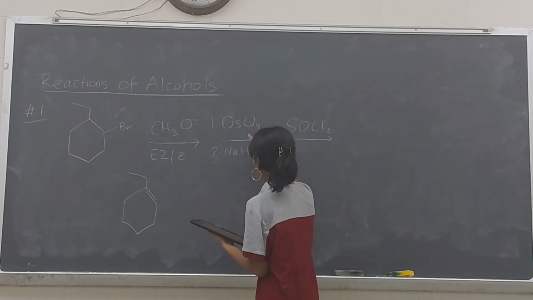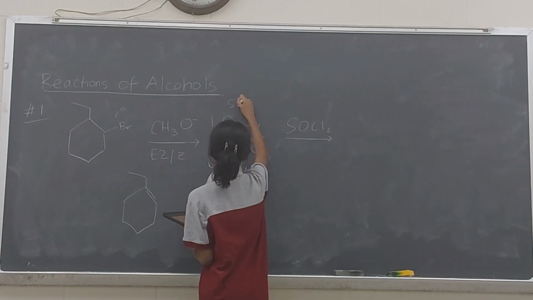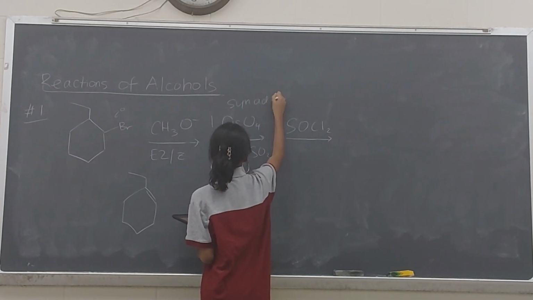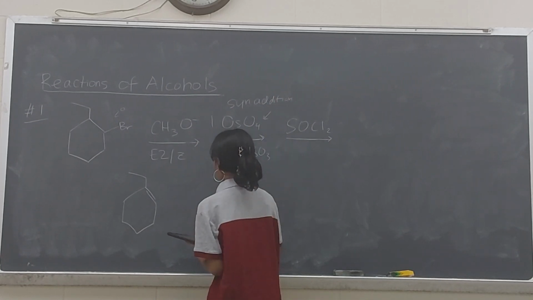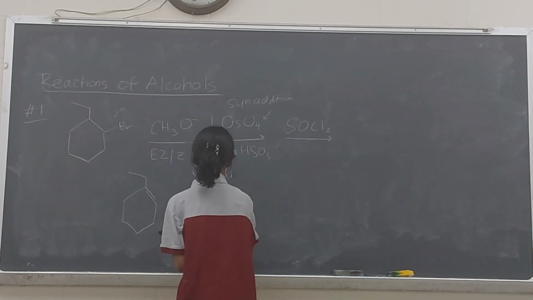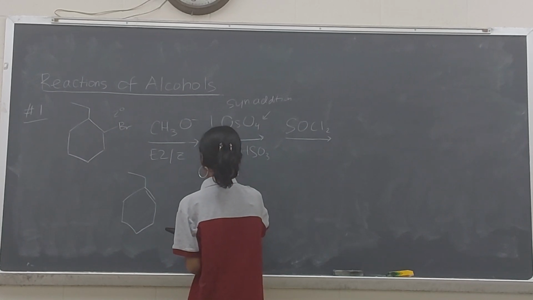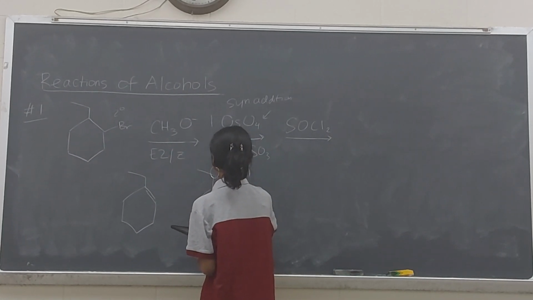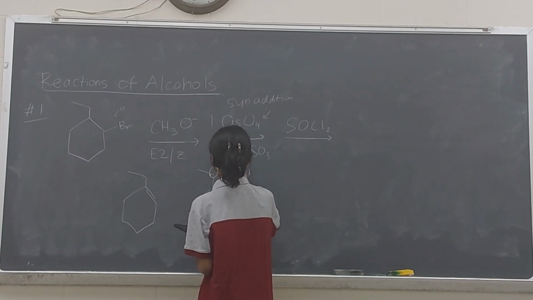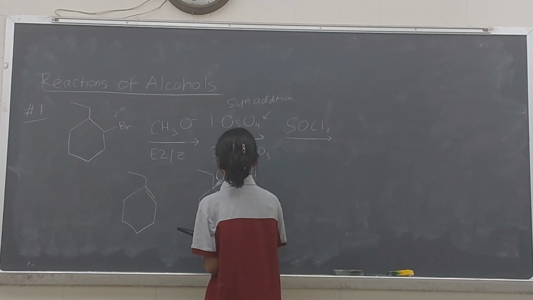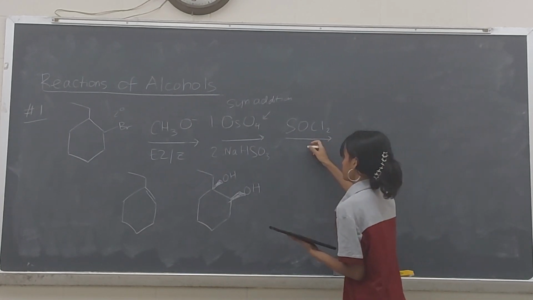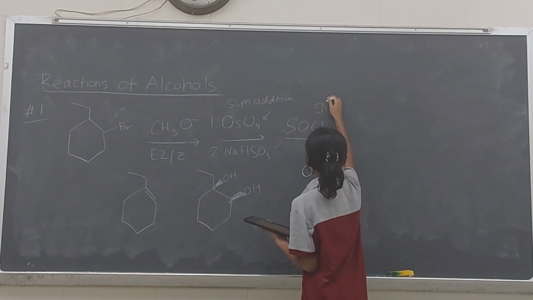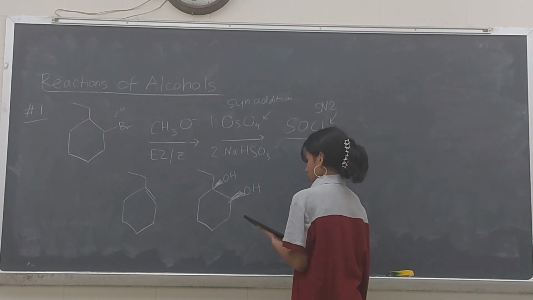And then this one is some addition of OHs across the double bond. And this one we just went over is SN2 reaction of alcohol.